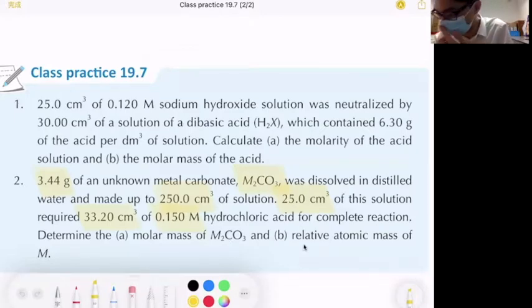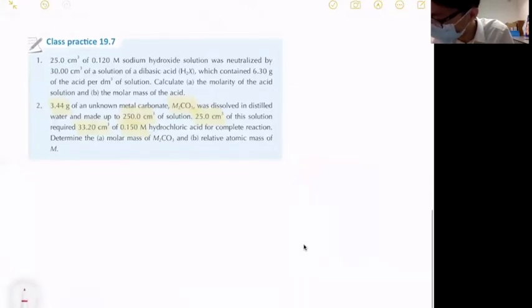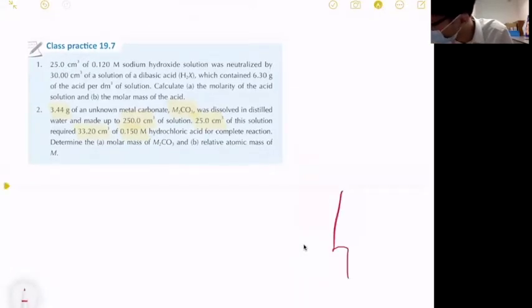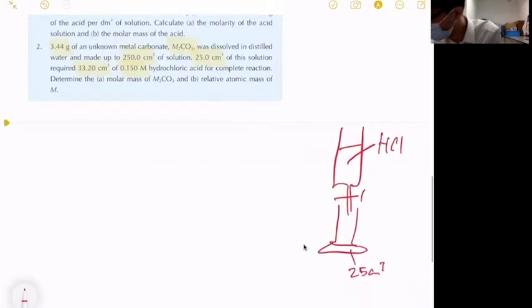So how can we calculate it? It's very simple indeed. First of all, again, this diagram. In the burette, we have put the HCl, and in the conical flask, we have put the 25 cm cube of the M2CO3 solution, right?